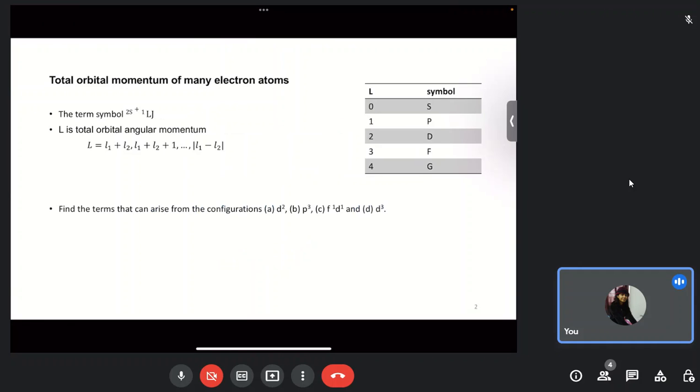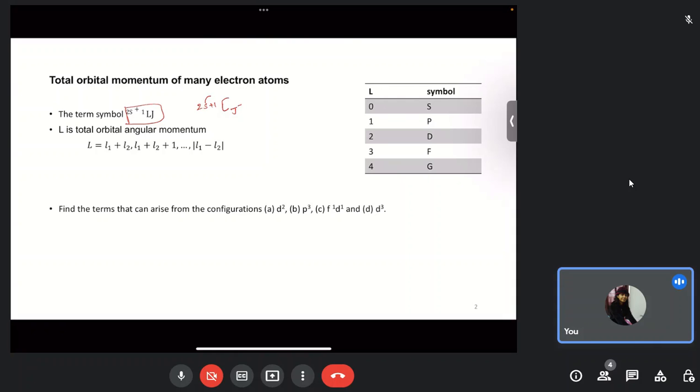In the last week itself, it has been introduced how a term symbol looks. A term symbol can be denoted as 2S plus 1, L subscript J, and we'll be introducing what each of these terms means.